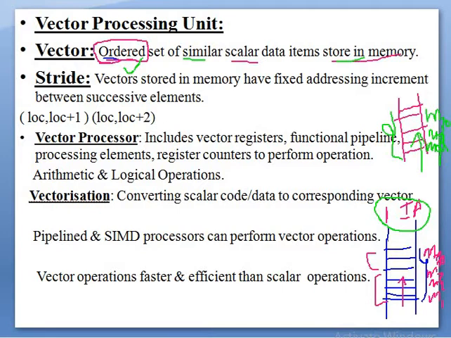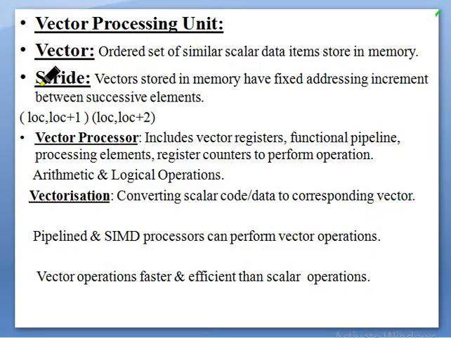Okay, coming to the second definition, what we call stride. Please remember this definition, it's very, very important. Stride you may get in your competitive examinations. Let me give some analogy which you remember from your CO or microprocessor subjects.